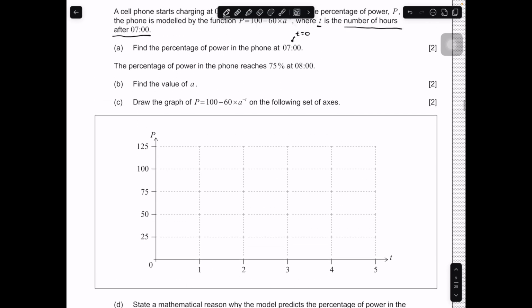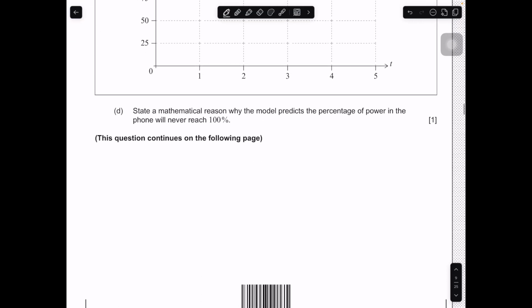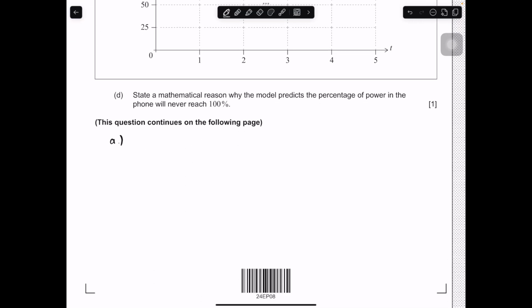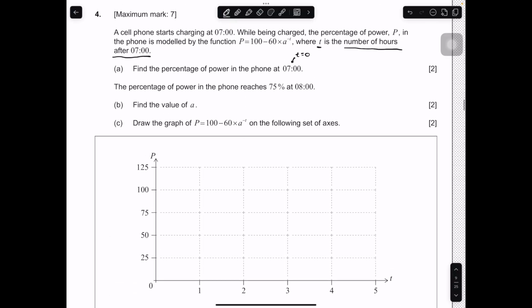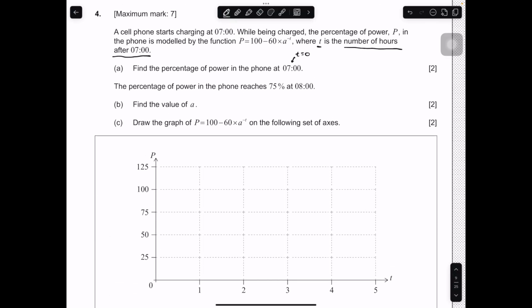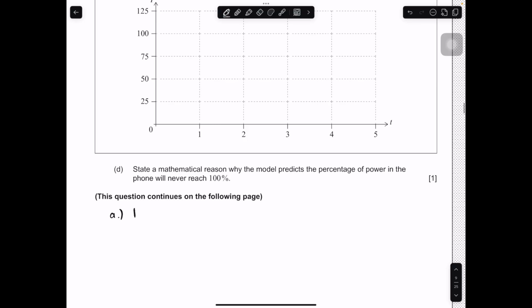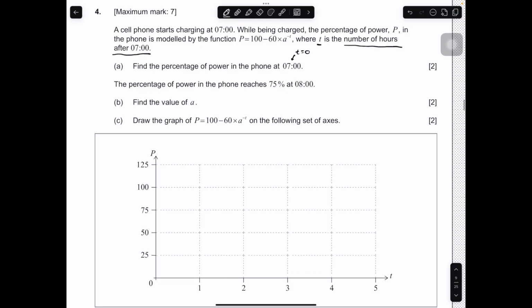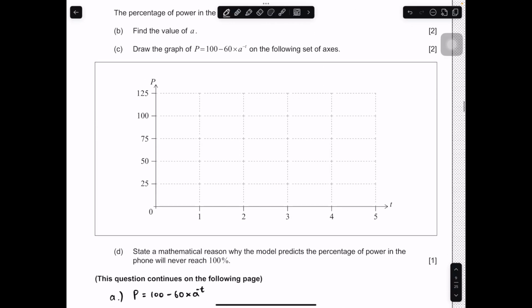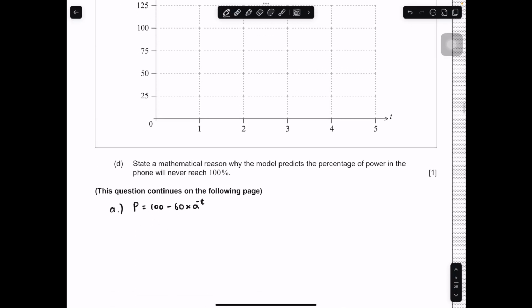I'm actually going to write this out down here. So our formula is P is equal to 100 minus 60 times a to the negative t. And the question is, okay, when t is equal to 0, how much power is left? So let's put in t is equal to 0 and see what happens. 60 times a to the negative 0.